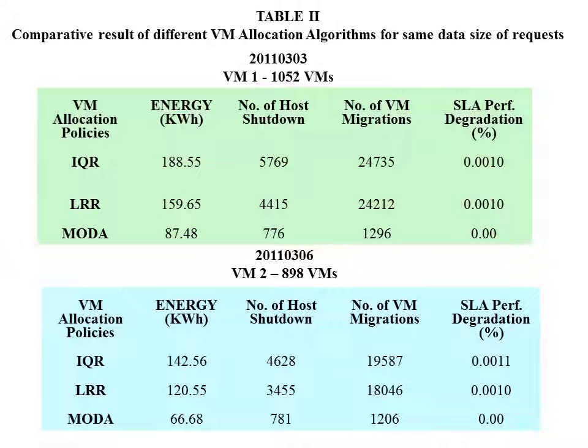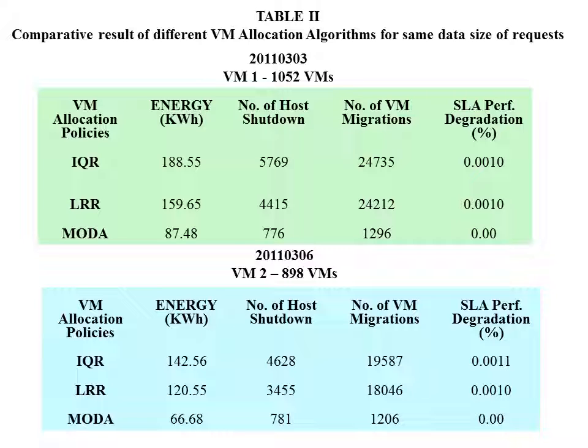So this is a comparative study or result of all the different VM allocation policies or algorithms under different varying workloads. As you can see, these are the different methods of comparison based on different parameters like energy. The parameters are specified horizontally and the allocation policies are specified vertically in terms of columns like IQR, LRR and MODA techniques.